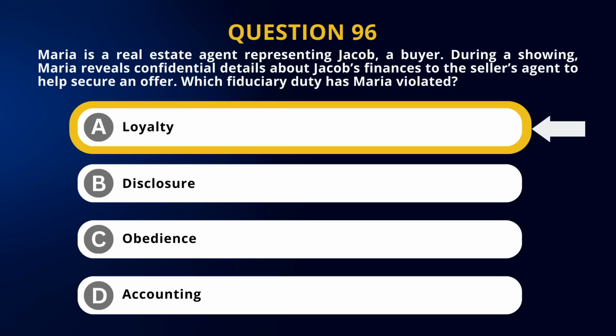Another possible scenario could be her duty of confidentiality, and that's not listed here. So disclosure, obedience, and accounting were not the items that I would have selected. I would have chosen A as well, loyalty, and that makes sense in this scenario.